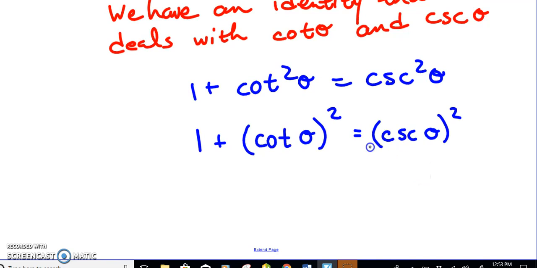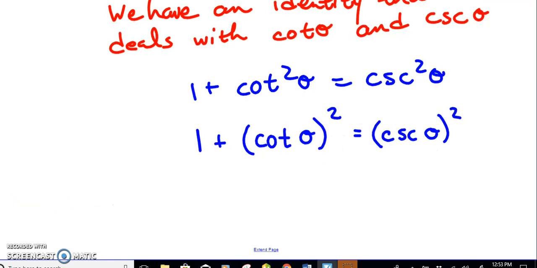So whatever the trig function is that's being squared, you take that trig function and write it down, and then you put the squared on the outside. So cosecant theta squared on the outside. Whatever values they give us, we put them in here and then we square it.